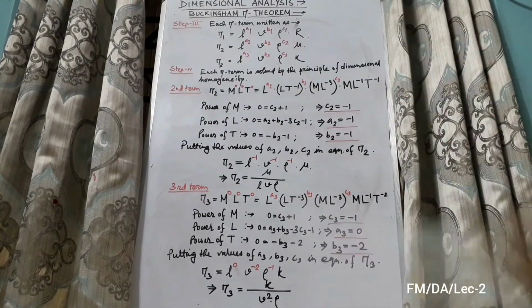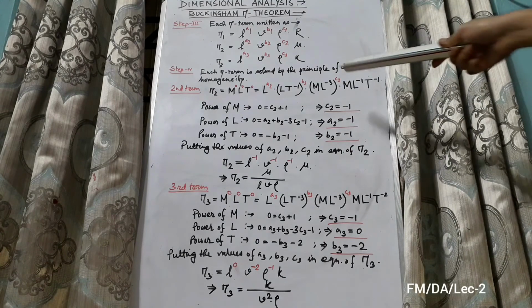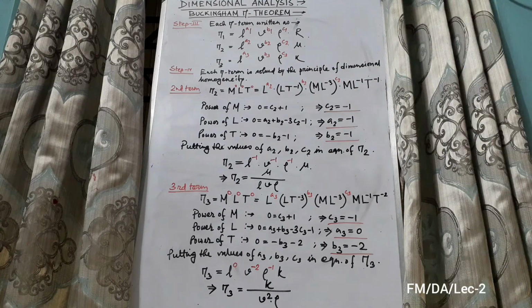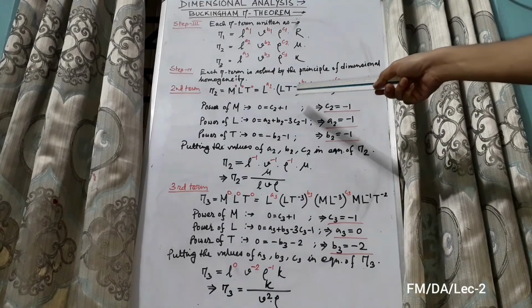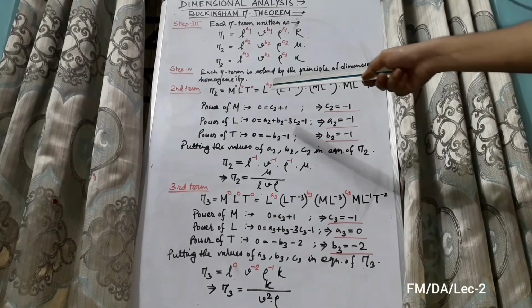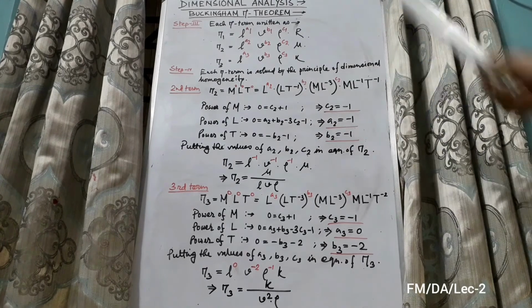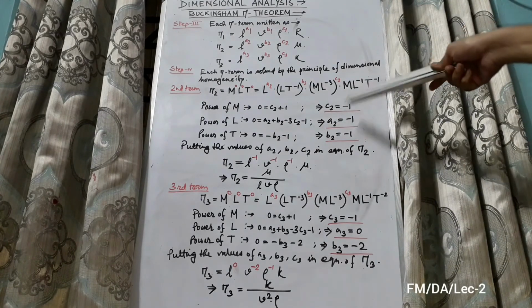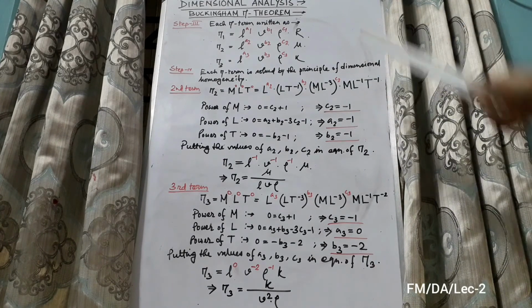So we write down here C2, then here the power of M is 1, so we write plus 1. So from this equation we get the value of C2 equals minus 1.